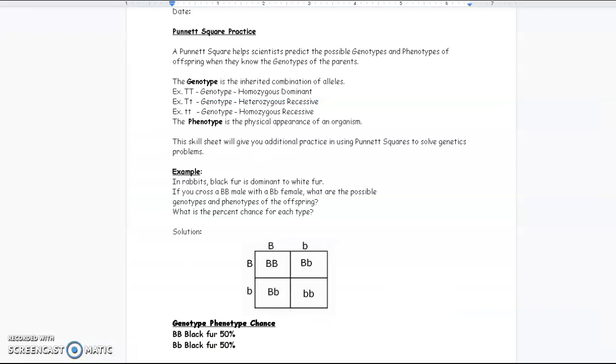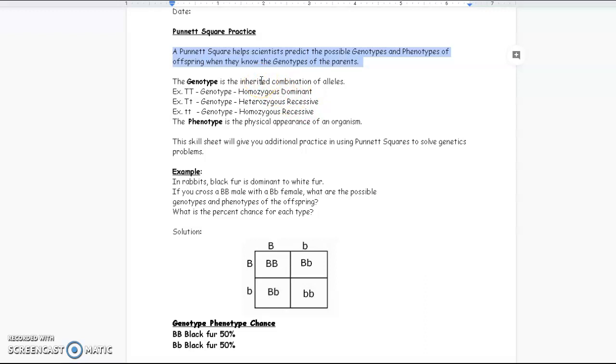Now, what I have in front of you is the worksheet for today's assignment. Once again, on this document, it's going to tell you the purpose of a Punnett square.